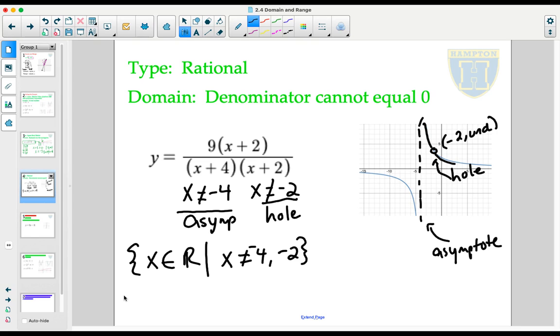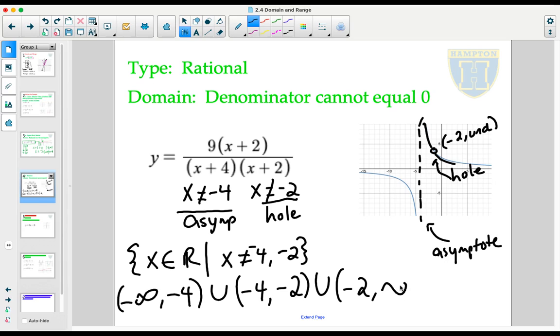In interval notation, we are good all the way up to -4. We do not include -4. And we are good from right after -4 up to -2, but not including -2. That's where the hole was. And then we are good everything after -2.